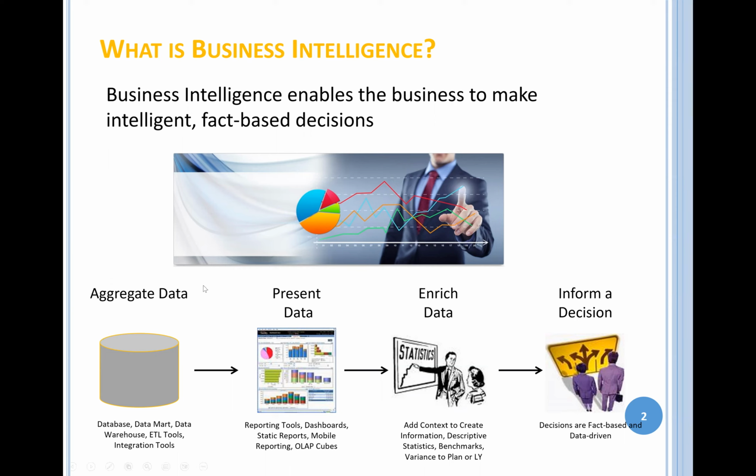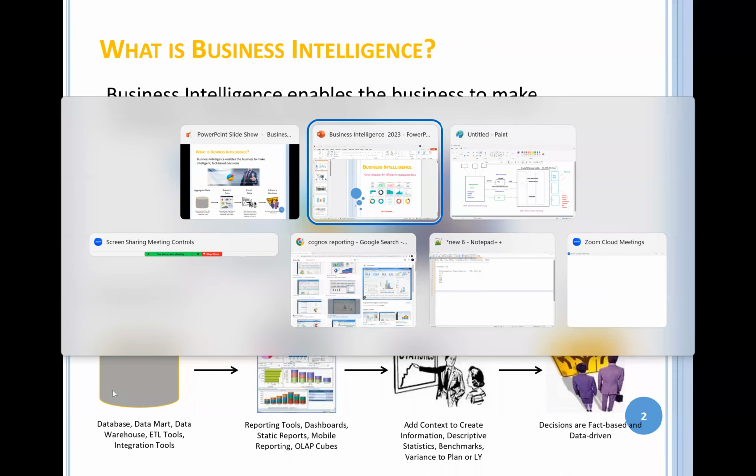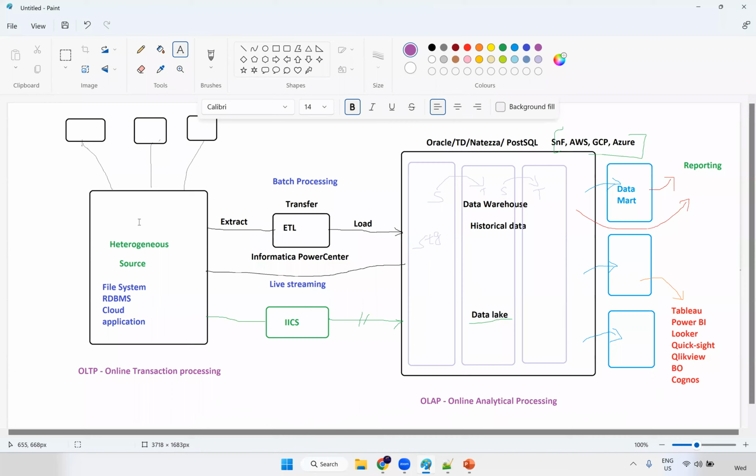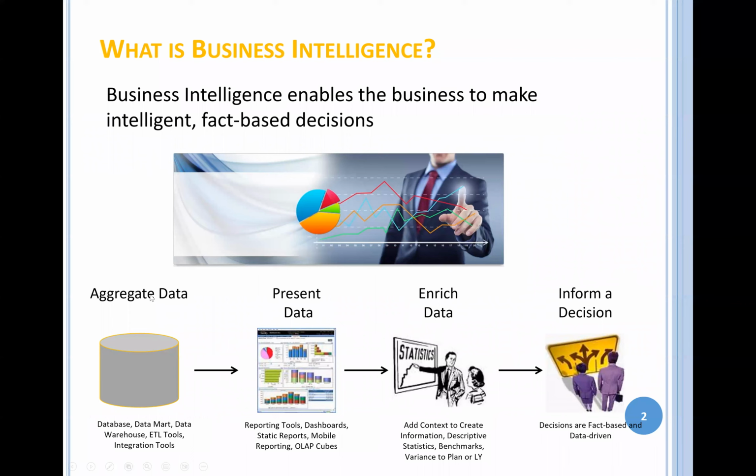So first, in the ETL business intelligence process, we have aggregating the data. Aggregating the data means, as I have explained, data integration: integrating the data from heterogeneous sources into a data warehouse or data lake environment.